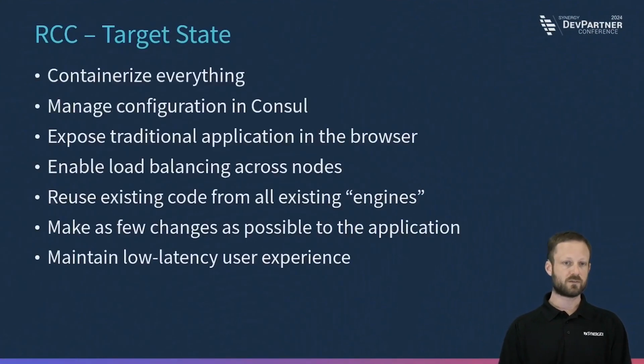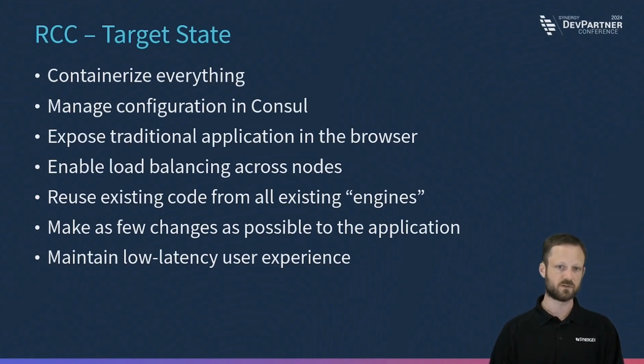So our target state, when we're all said and done, would be to containerize everything, bundle everything up, and manage all of our configuration in Consul, so we don't have to do any manual steps on a brand new node. And if configuration changes, it ends up on existing nodes. We want to expose our traditional application in the browser, again, for that legacy modernization conversation.